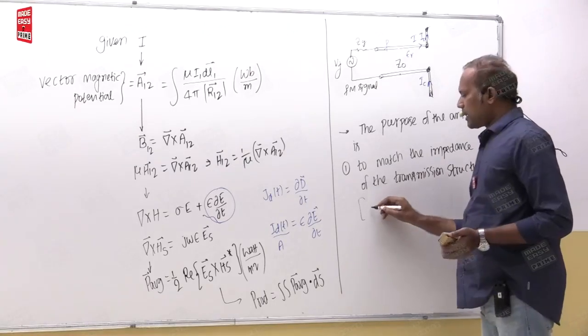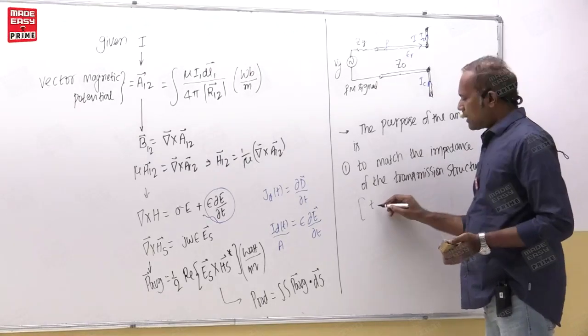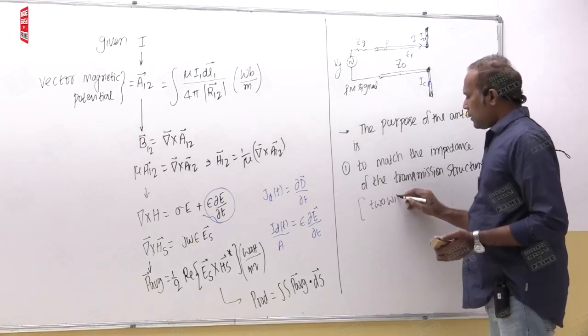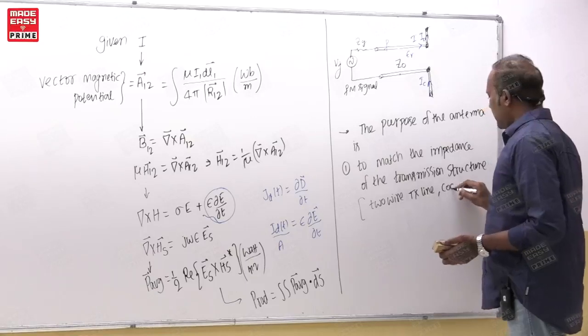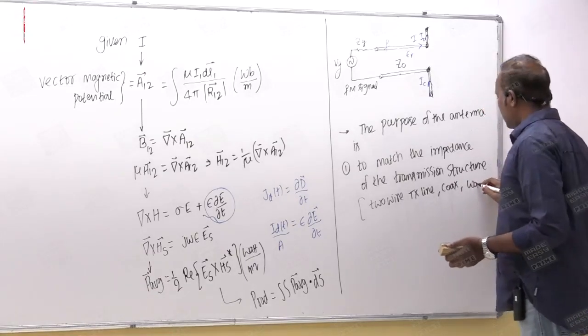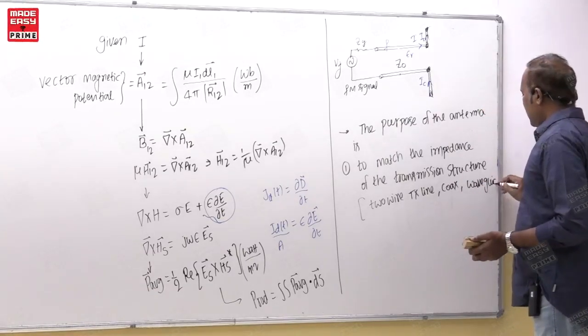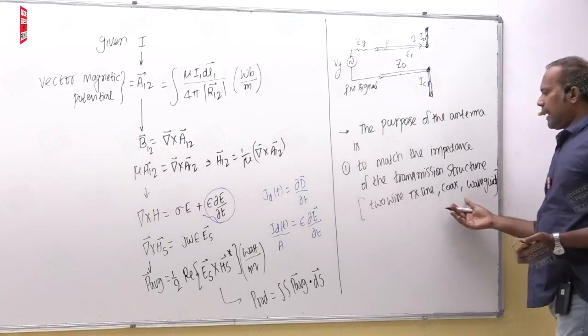That means the transmission structure could be coaxial cable, two-wire transmission line, coaxial cable, short name coax, or waveguide. They are called transmission structures.